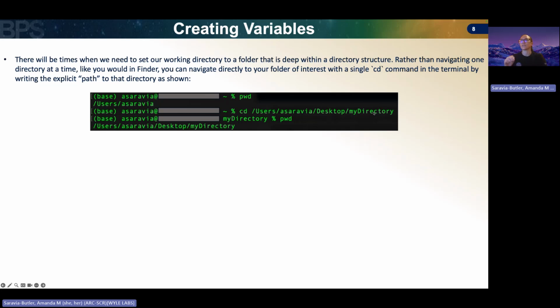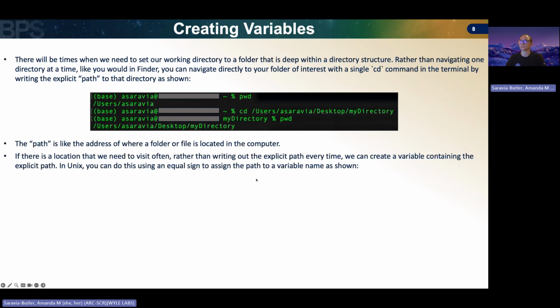So rather than going first to the desktop, then to the My Directory folder, I can go right to the My Directory folder by running the cd command and writing out the explicit path, or the absolute path, to the My Directory folder. And then you'll see here that after I run that command and then I run pwd, I am now in the My Directory folder. The path is like the address of where a folder or file is located on the computer.